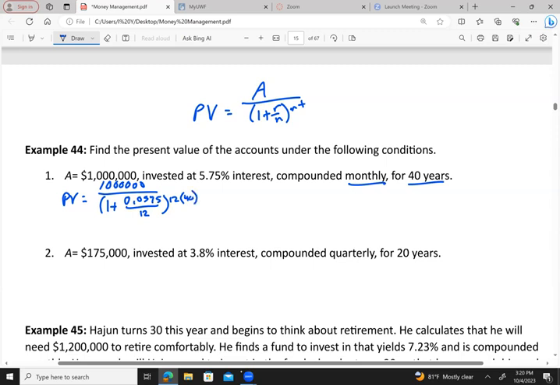So let's do a little bit of this, and we have 1 million over 0.0575 divided by 12. And we're going to add 1 to that to get 1.00479. And then this is 280.